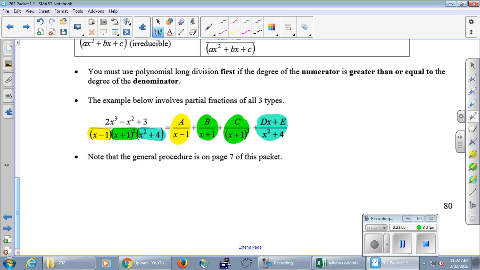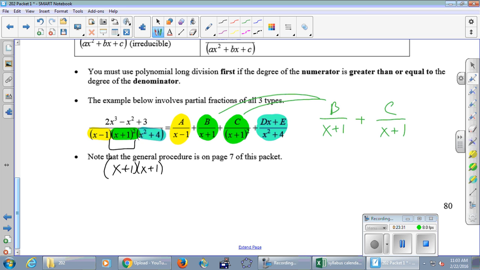Right, okay, so I think what you're saying is that you want to know why we need this power, the x plus 1 squared. Right, because this is x plus 1, x plus 1. So suppose that I asked you, we know we're trying to build this crazy denominator from the beginning, right?